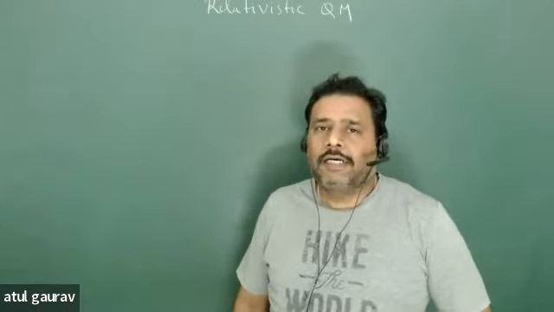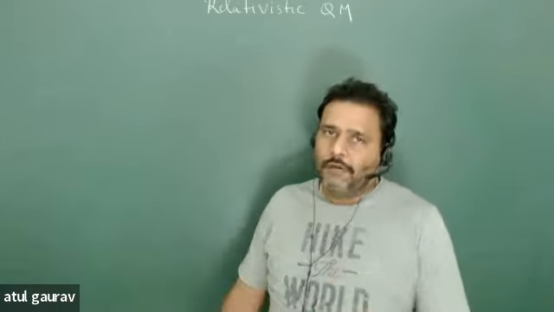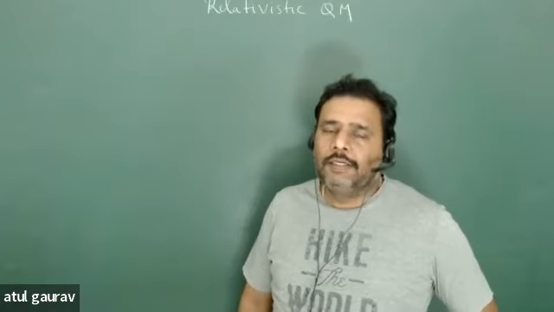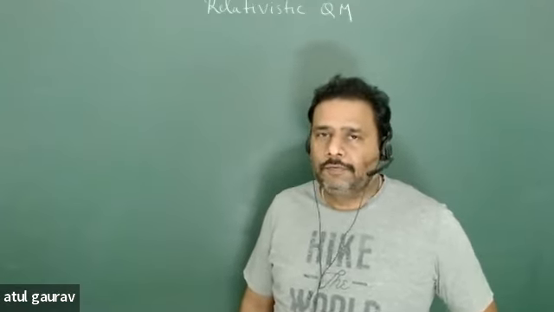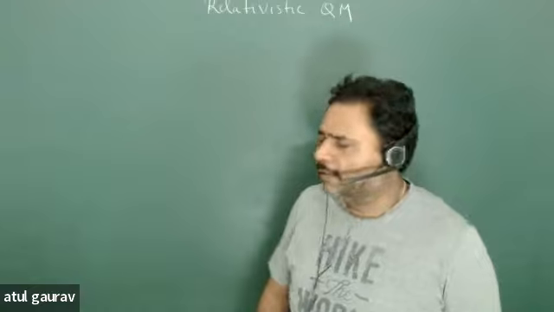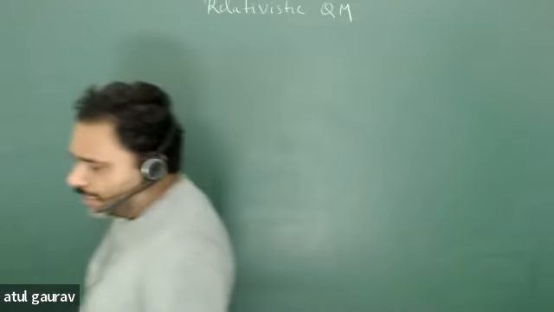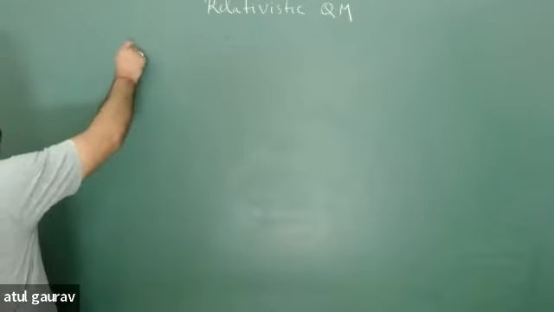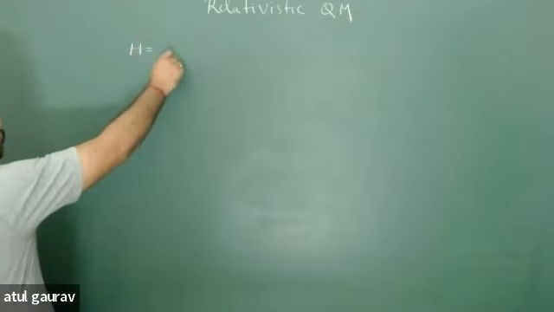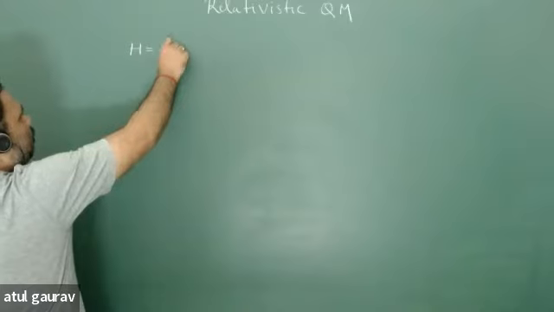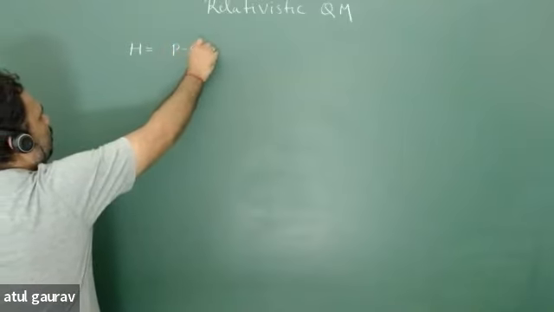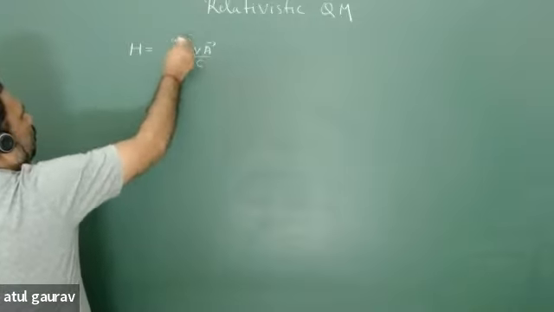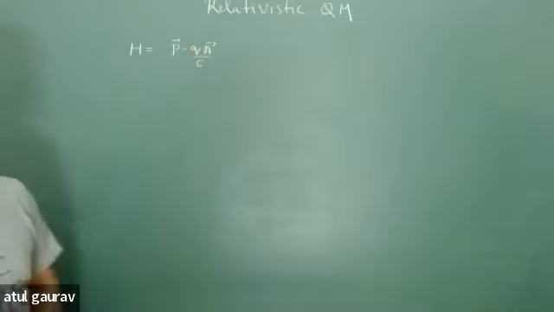So now let's try to go for the application of all this Dirac Hamiltonian on a charged particle in an electromagnetic wave or in an electromagnetic field. So what is the classical Hamiltonian? The classical Hamiltonian in an electromagnetic field is given by P minus QA upon C, where A is some vector potential.